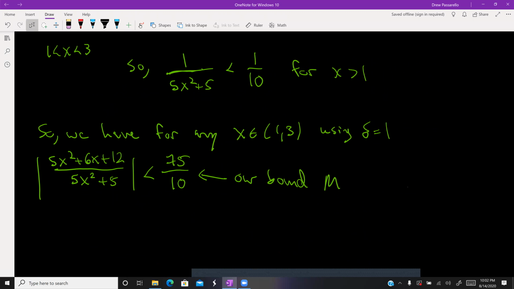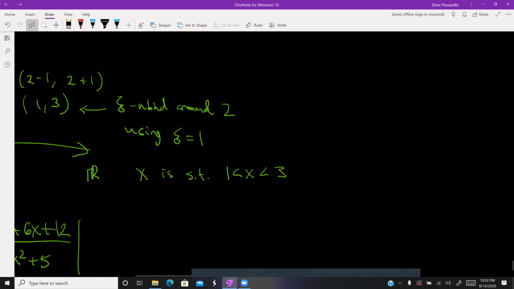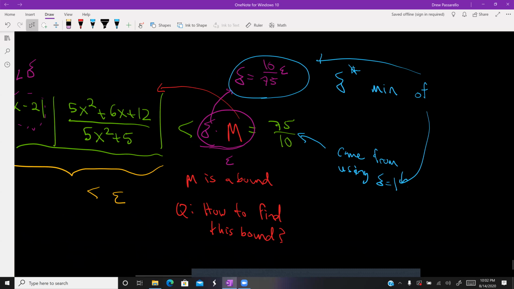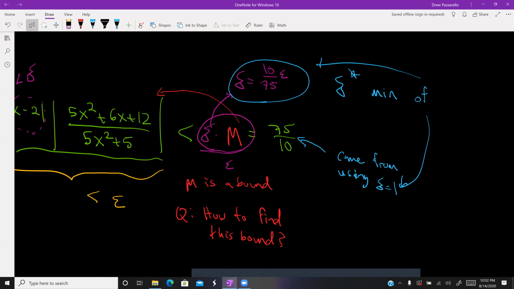That's our bound, and that was picking delta to be 1. Again, you can choose delta to be whatever value you want. Delta being 1 is just a common thing that I would use. It just makes it easier. So once I've found that bound, then I can choose the delta for the other thing so that it'll cancel out the 75/10 so that I can get epsilon.